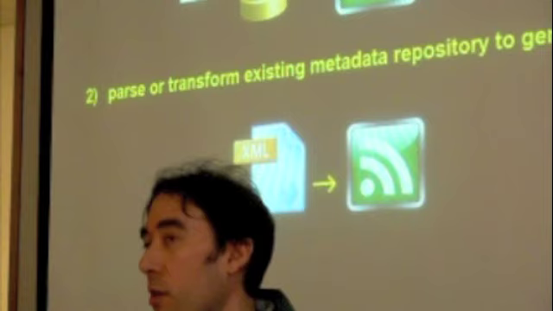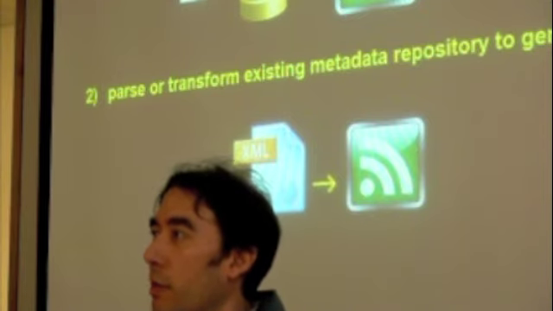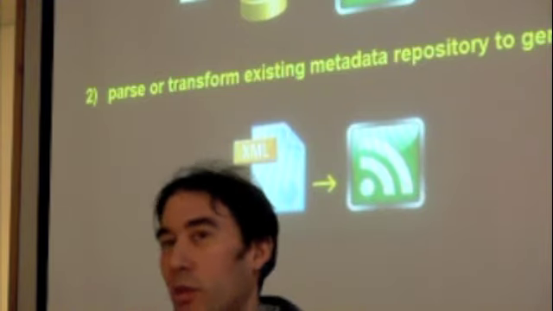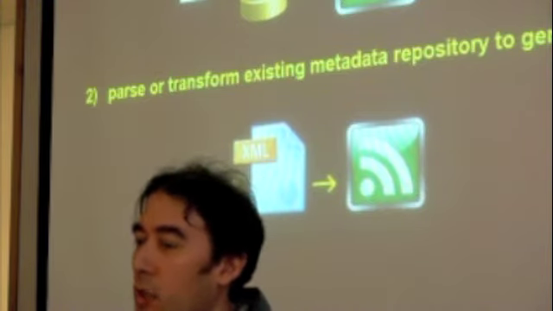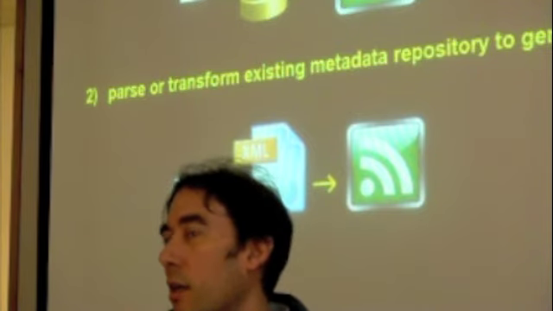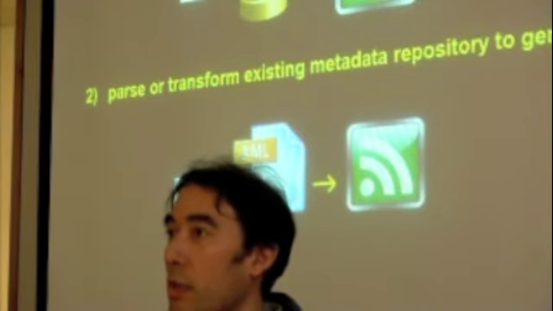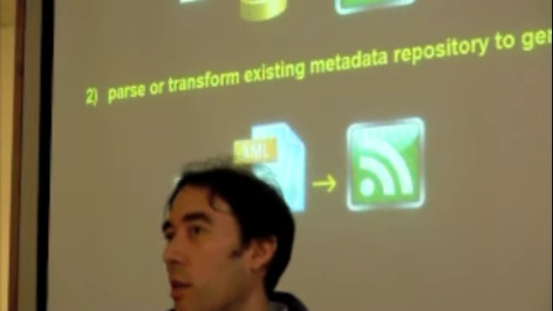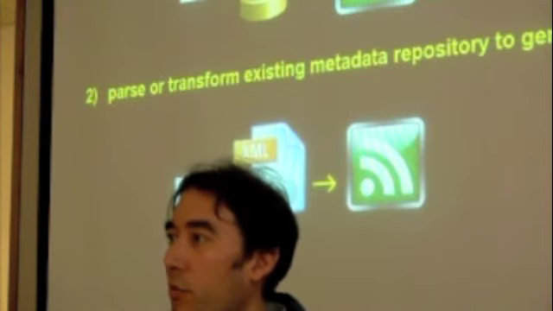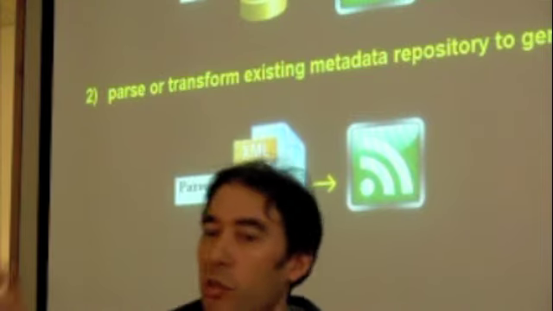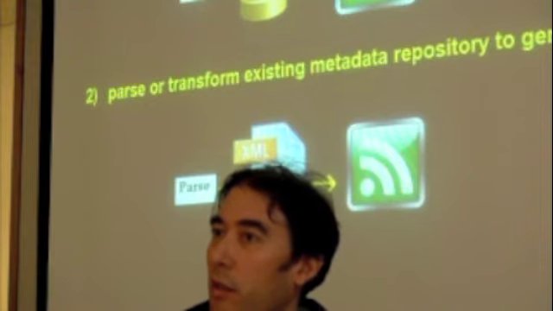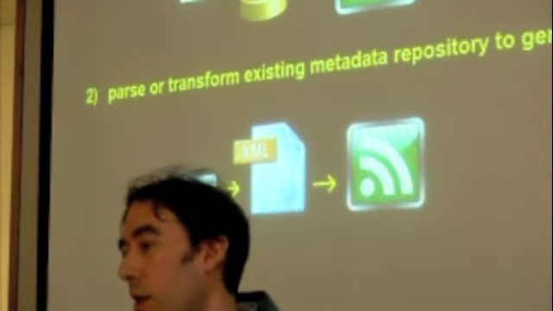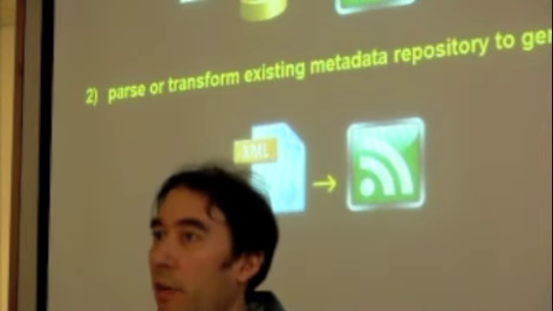However, another thing you could think about, and this is what we're thinking about in terms of how to leverage CGA projects with IQSS projects, that's the Institute for Quantitative Social Science, is to parse through existing metadata repositories, which they've published in the form of OAI harvestable metadata, looking for the geographic coordinates that they have available in those OAI metadata elements, and then simply transforming or rewriting them to a GeoRSS feed.